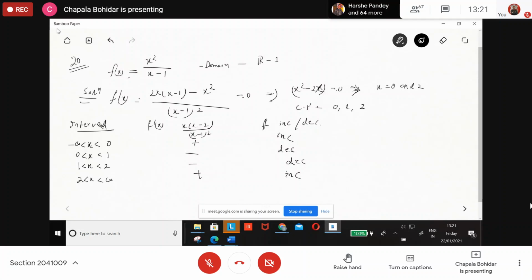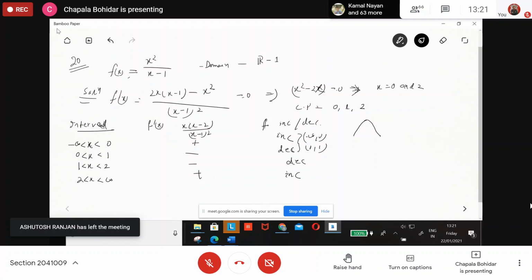So over this interval, that is minus infinity to 0 and 0 to 1, it is increasing, and at 0 then it is decreasing, is not it? Increasing and decreasing.